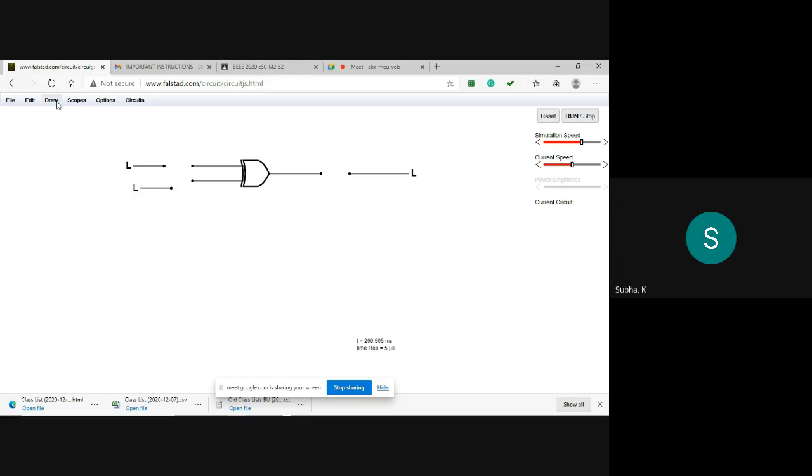Connected by wire. As usual, you copy it, paste it 4 times.